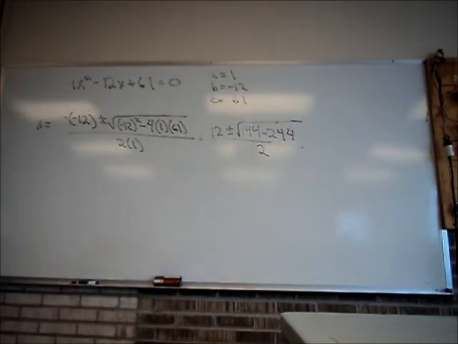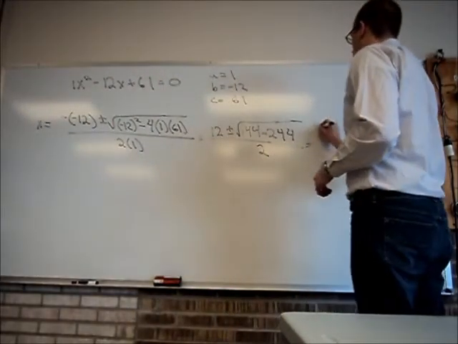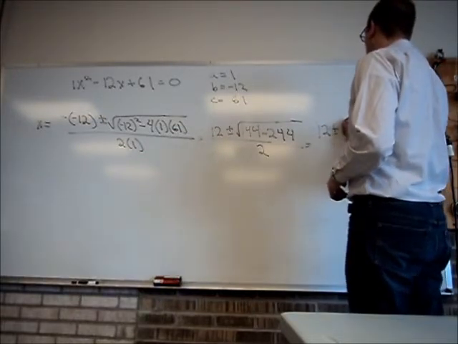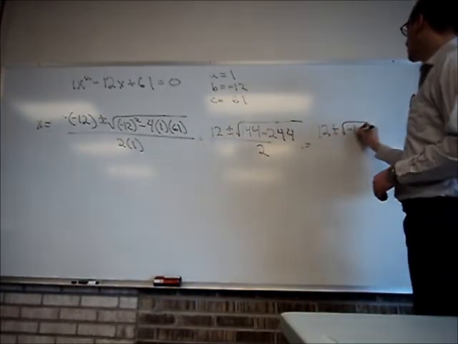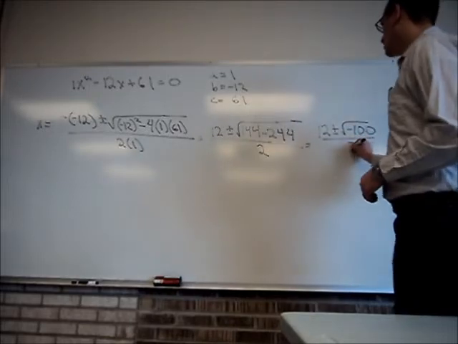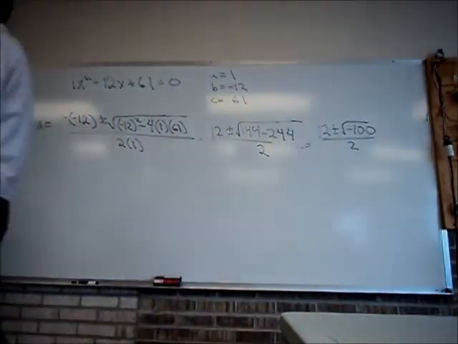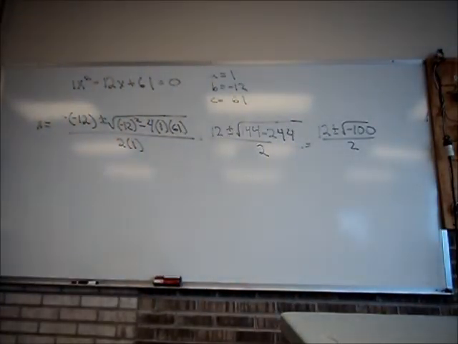That's good. Now let's see what we can do on the inside. We still have subtraction, right? So we have 12 plus and minus the square root of negative 100, over 2. Anytime I see a negative on the inside of the square root, I'm not going to stress out about it. When you see a negative on the inside of the square root, all that tells you to do is just pull out the i on the outside.